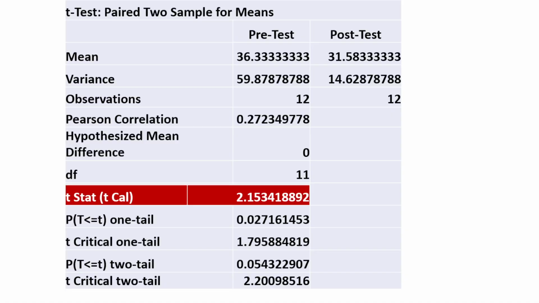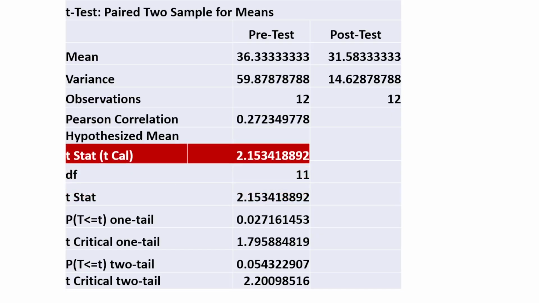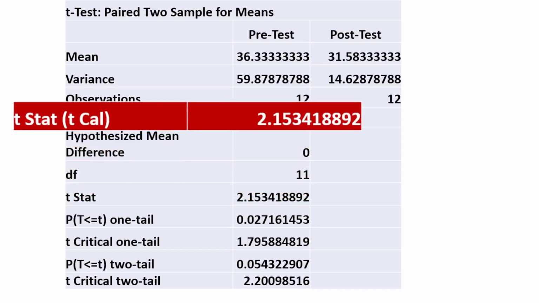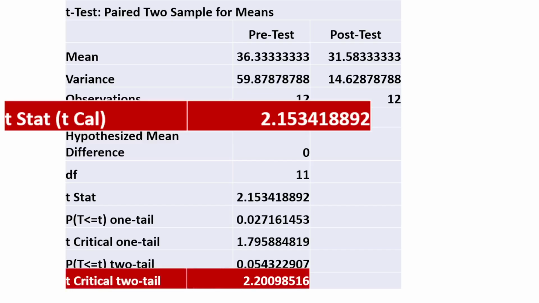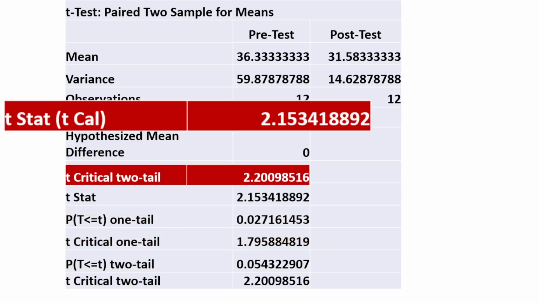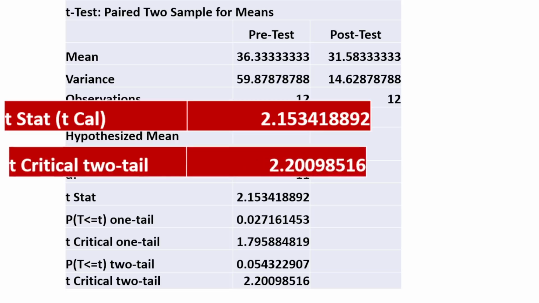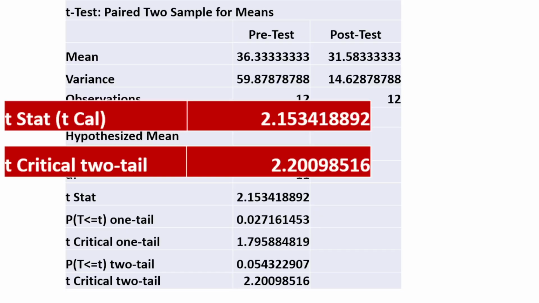The t table value required for significance of difference at 0.05 level for df 11 is already calculated by the data analysis tool, and the t table value is given in the last line of the statistical results. T critical two tail means the required t value at 0.05 level of significance for df 11. We have to compare these two values to take a decision about our hypothesis.